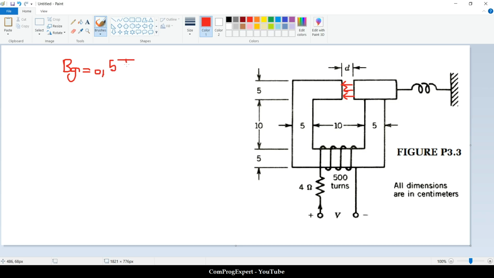The value of the B gap is 0.5 Tesla. So the energy density in the air gap is B gap to the power 2 divided by 2 times mu 0.